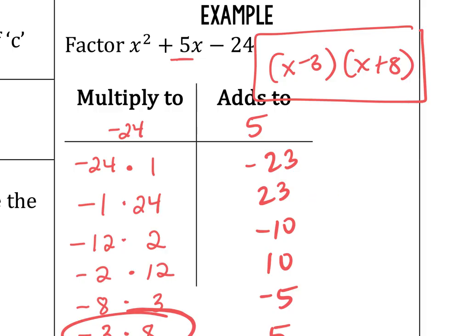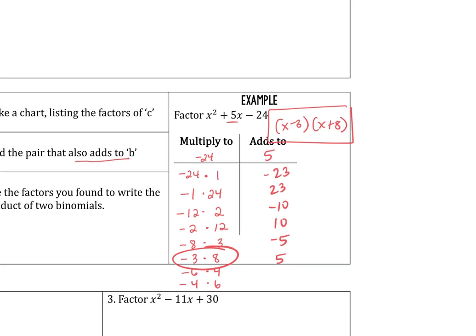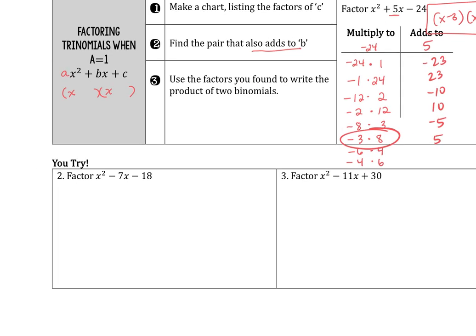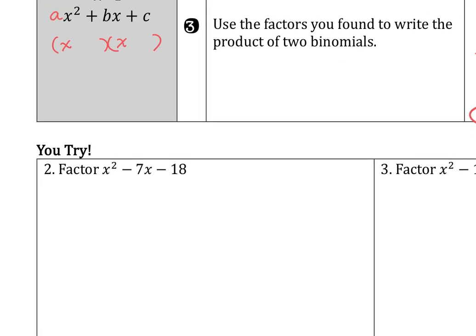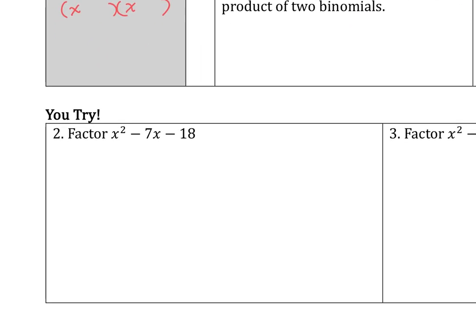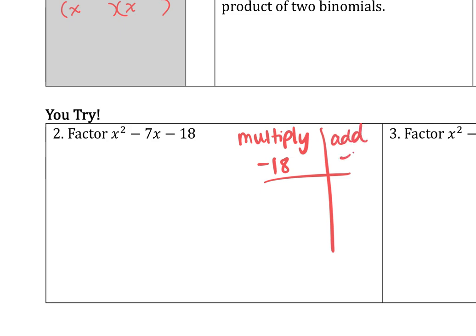Let's try two more where the factoring is nice and simple because a equals 1. So I have x squared minus 7x minus 18. So again, what you're looking for is what are the factors that are going to multiply to negative 18 but add to negative 7.